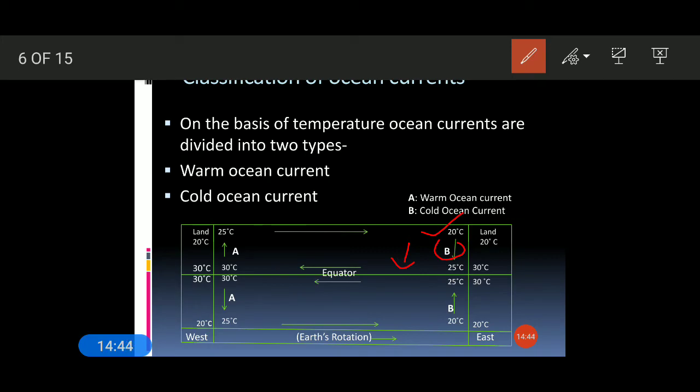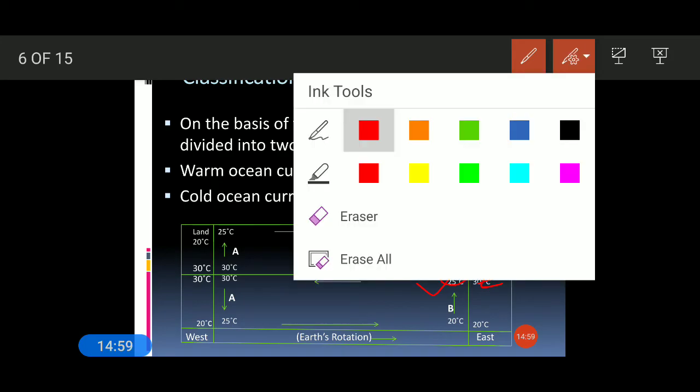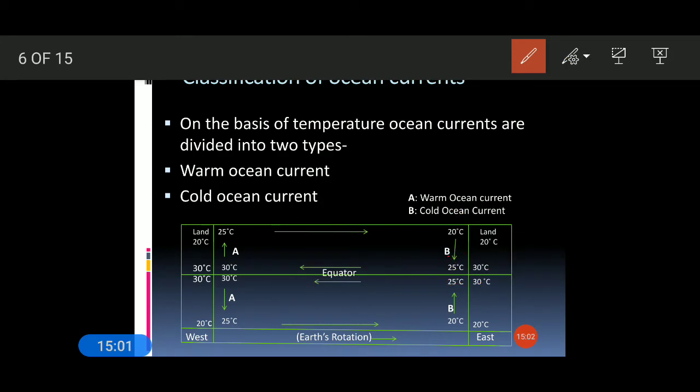So here the temperature of the water will increase to 25 degrees Celsius, but compared to the land temperature, the temperature of the water is less, whereas the temperature of the land is more. So we consider this current a cold current, because here it is reaching the equator, but the temperature of the water is less compared to the temperature of the land, so thereby it is considered a cold current.